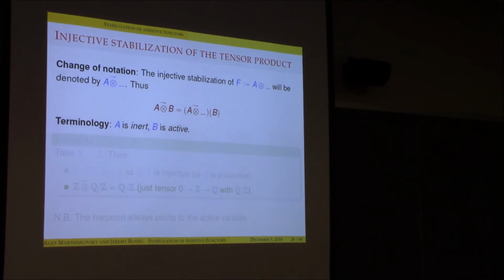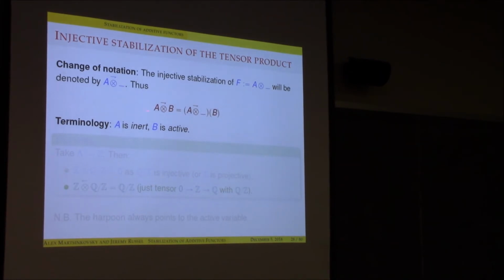Well, what is the injective stabilization of the tensor product? Let's try and see what that is. Here's the functor. A is fixed. It's just a label. And here we have a placeholder where we're going to put B. Because A is fixed, we call it inert, and because B, well, we need to do something with it, we need to take an injective container, we'll call it active.